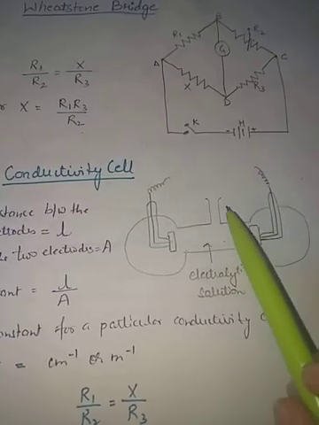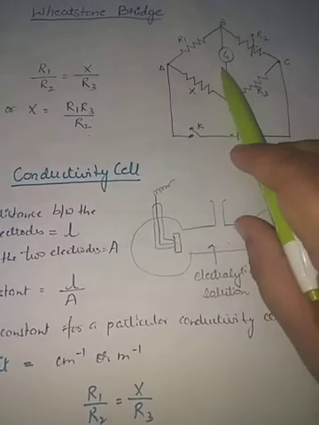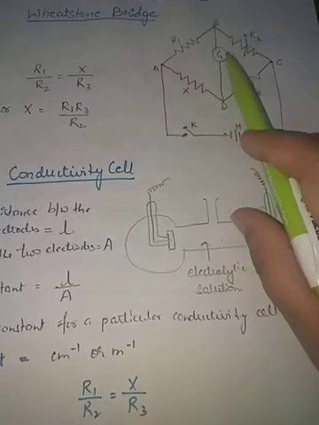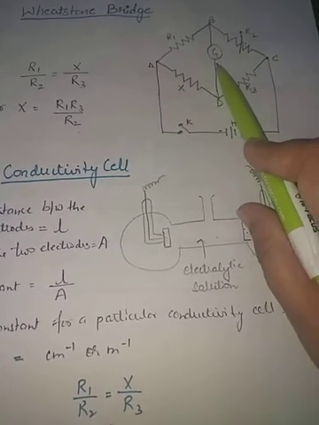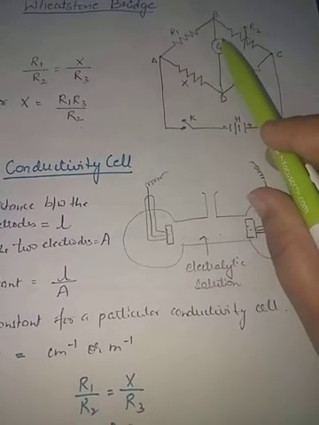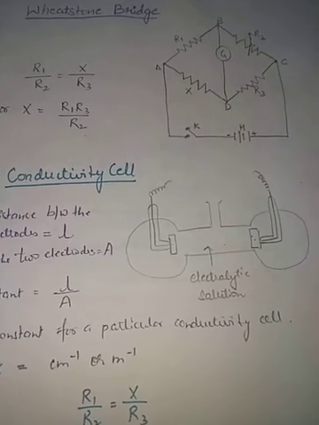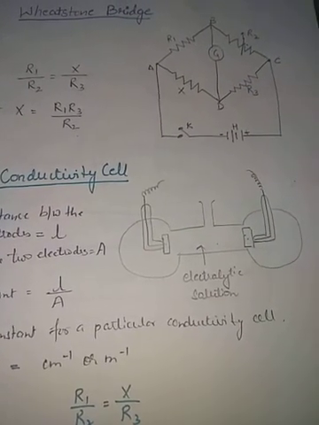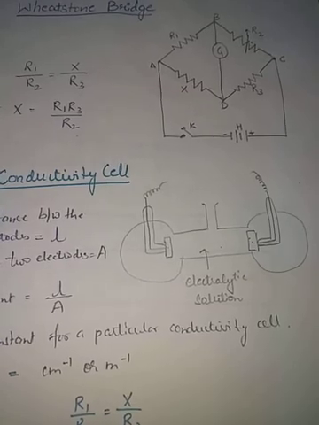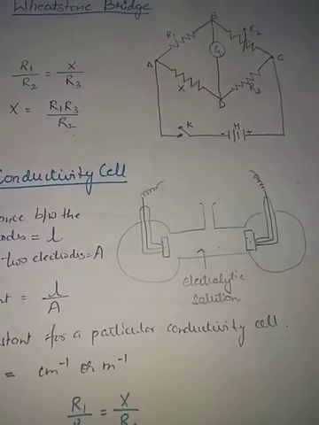But when AC was used, the galvanometer was not working properly. So in place of the galvanometer, such a device was used which can work easily with alternating current, and it can detect the null point properly.